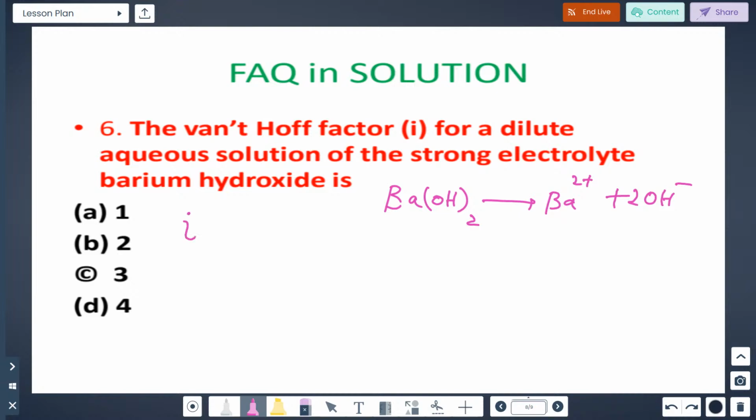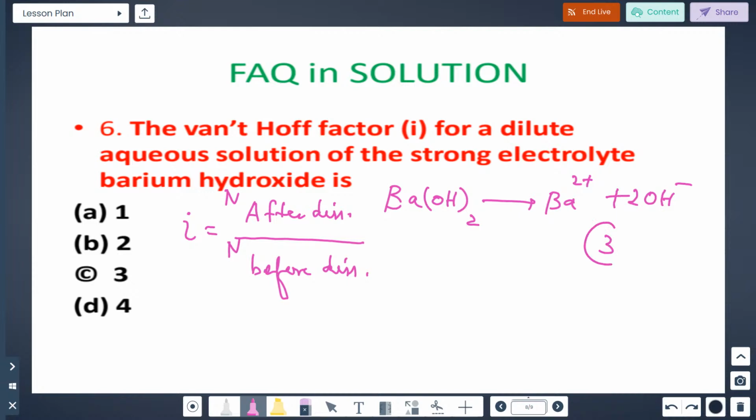Here they are asking to find only the i value. i is equal to the number of particles after dissociation by before dissociation. That is the simple formula. Following? The number of particles after dissociation by before dissociation. After dissociation, how many particles? After dissociation, it becomes 1 plus 2.